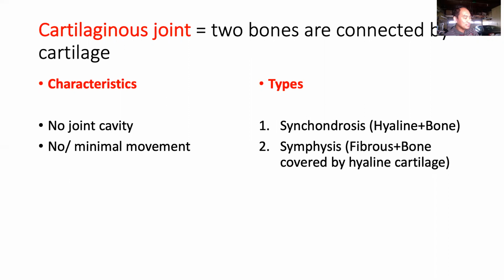And symphysis is where the bone ends are covered with hyaline cartilage. On top of that, fibrous tissue comes and combines together. Okay, so symphysis means it is gradually more complex. It's not purely a cartilaginous joint because it has fibrous tissue around there.